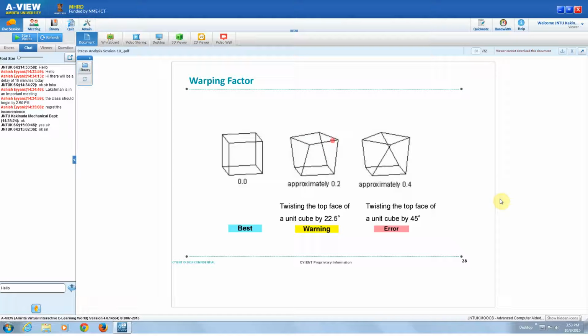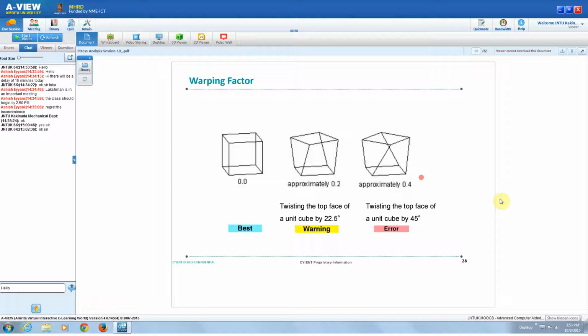Basically, this element is twisted approximately 22.5 degrees, and this element is twisted approximately 45 degrees. So this 22.5 degrees seems to be an acceptable limit, but 45 is not acceptable and it will be rejected by the finite element software.